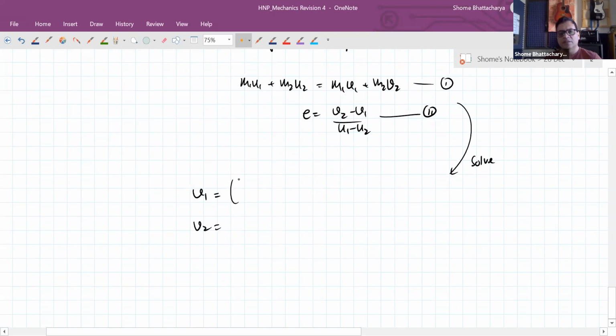So instead of m1 minus m2, this term becomes m1 minus E m2 divided by m1 plus m2. Okay. And this becomes, instead of 2m2, it becomes 1 plus E m2 upon m1 plus m2.